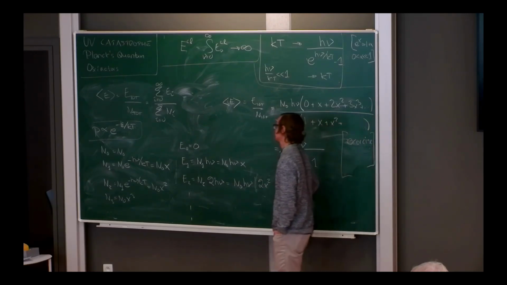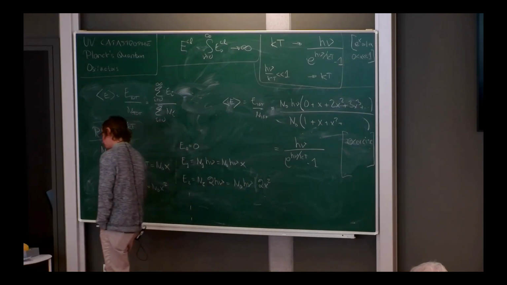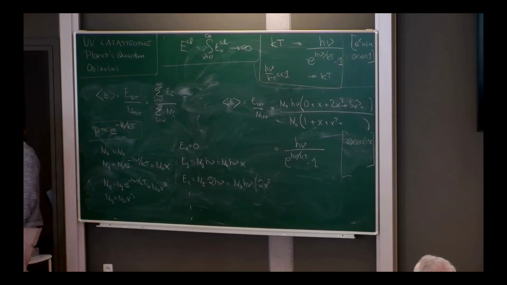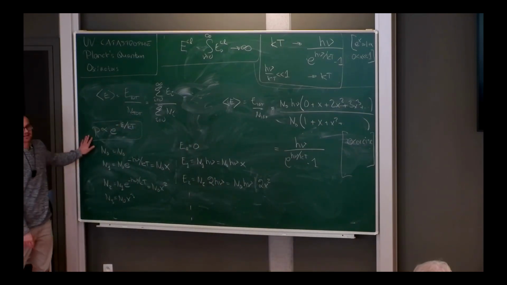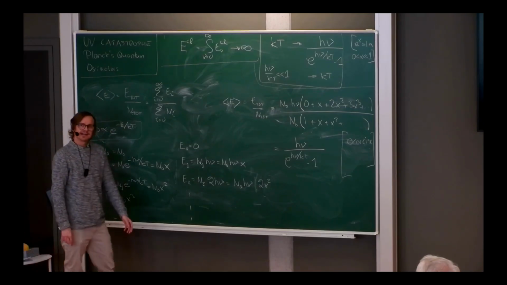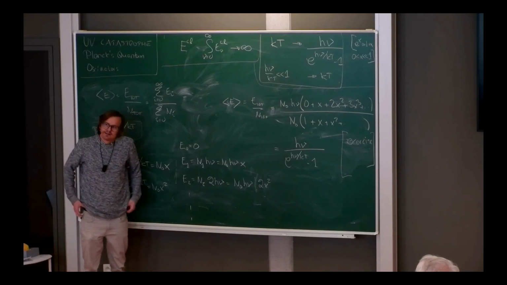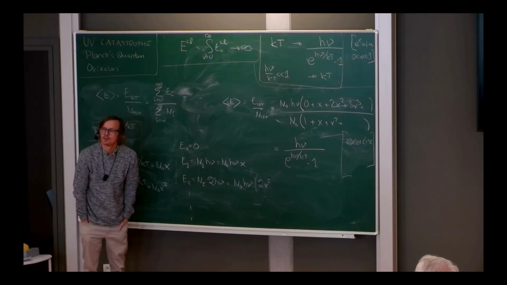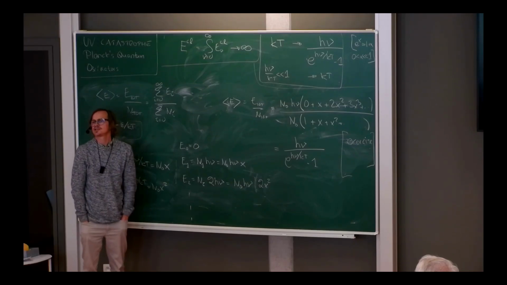So what we have done now, except that we didn't really motivate this, Planck had to do that, is essentially the first ever quantum calculation done, one might phrase it.